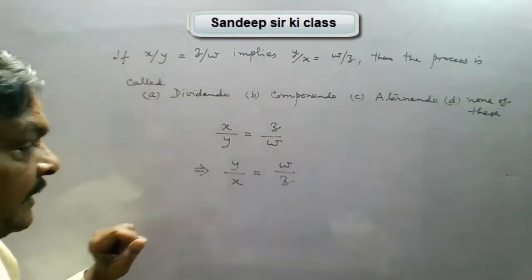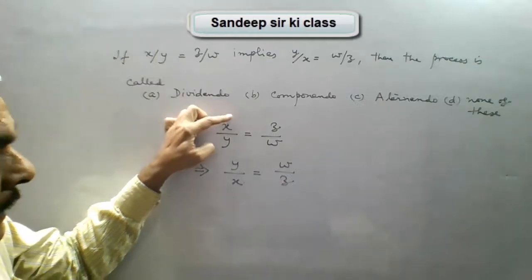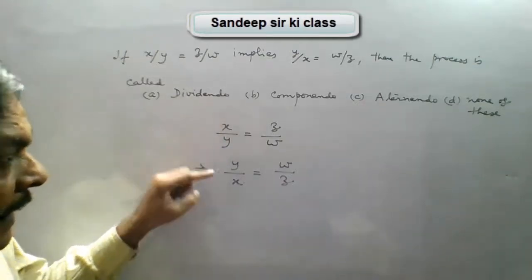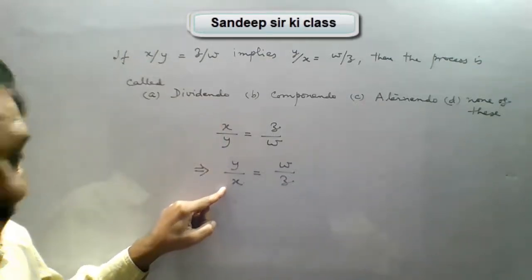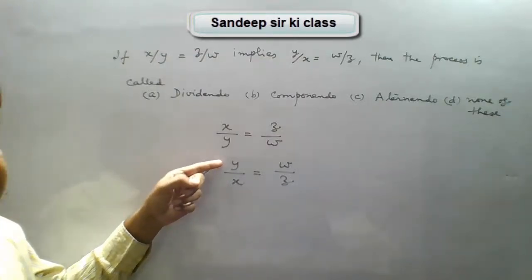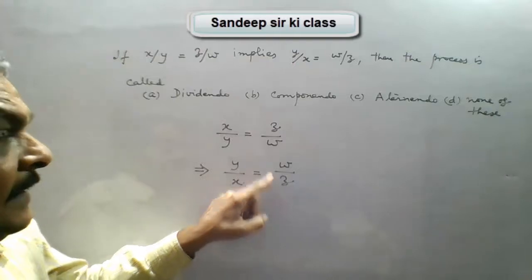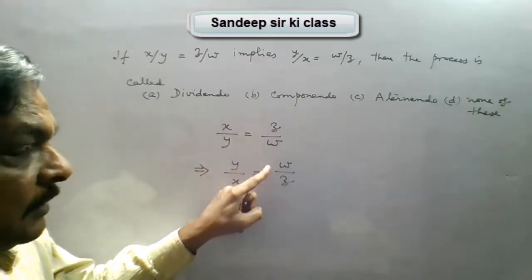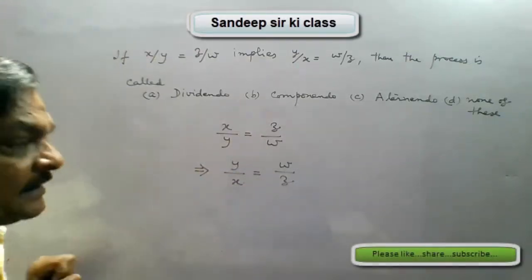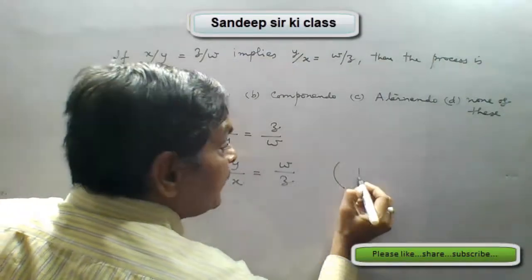We notice here that x upon y has become y upon x. The inverse ratio is there on the left hand side and so it is on the right hand side. z upon w has become w upon z. This is called invertendo.